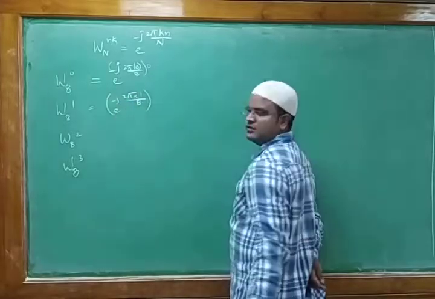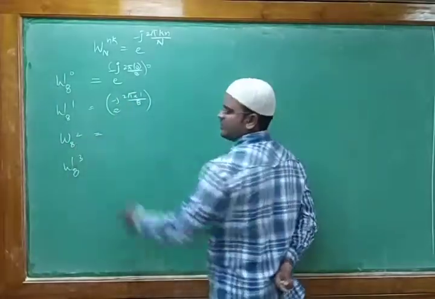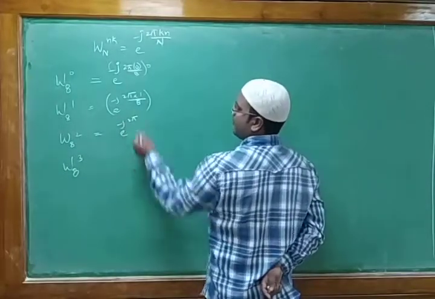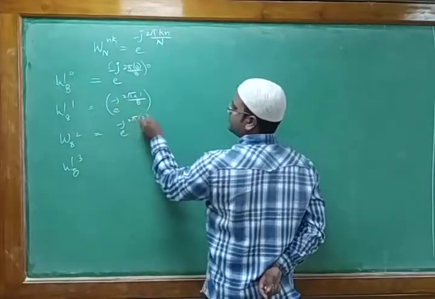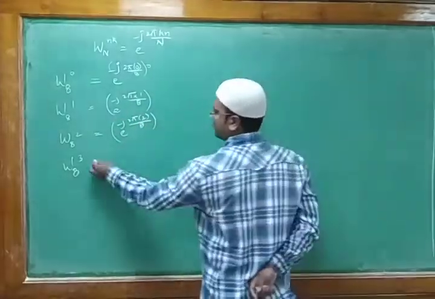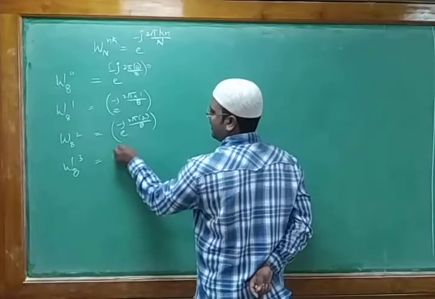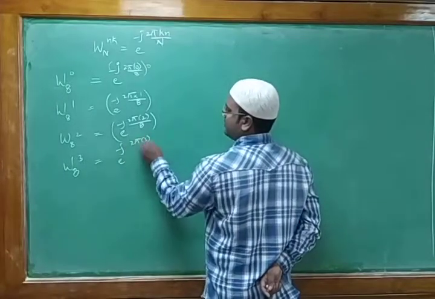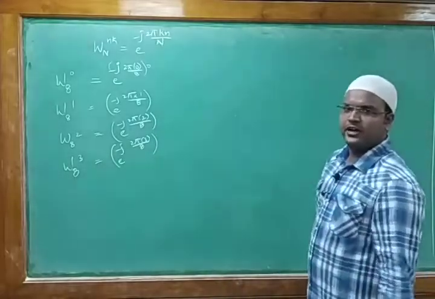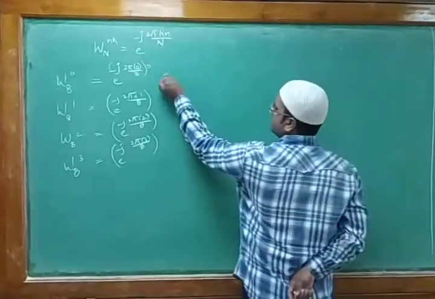This is written. Similarly, for writing the next one, W8 of 2, how do we mention it? E power minus j 2 pi, what is the kn value? 2 by 8, in the power. Likewise, you want to write for W8 of 3: e power minus j 2 pi of 3 by 8. So we got all these weighting sequences. Now what is the value we can write for this?